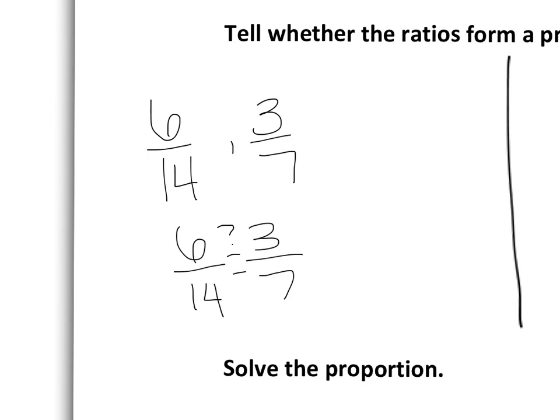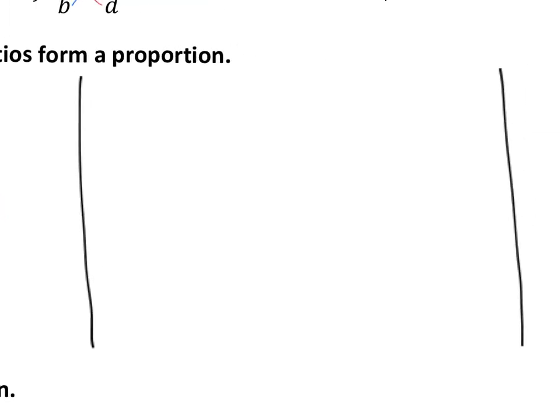If they're equal, it means their cross products are equal. So I should be able to take 7 times 6, which is 42. If it's equal to 14 times 3, which is also 42, it forms a proportion. So yes, 6 over 14 and 3 over 7 do form a proportion.